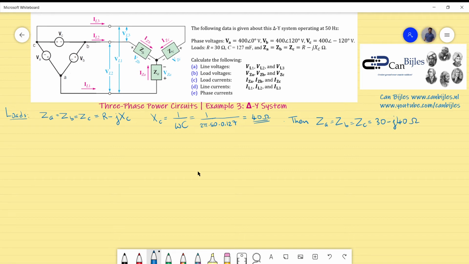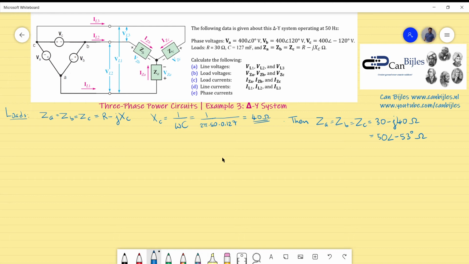And if you convert this to the polar notation, which is the required expression for the further calculations, it will be 50 phase minus 53 degrees. The conversion from the rectangular expression to the polar expression we have discussed in great detail in the other videos and also in the separate video about complex numbers and phasors. So I suggest you look at this. Okay, that's step 1.